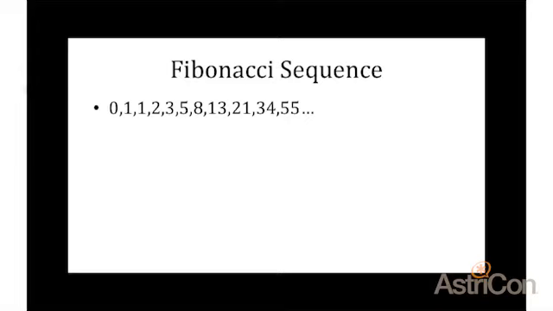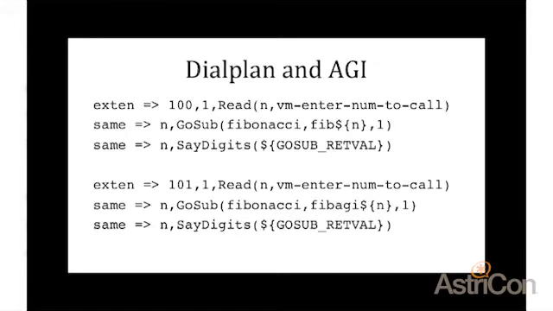And they make you calculate this in a programming class. They'll say, I want to give you a term, like let's say the 10th term, and I want you to return the nth Fibonacci. So if I say 10, I want you to return to me 55, right? Again, I'm going to show a Dialplan example and an AGI example. Here I'm using the Read application. These are going to call my subroutines.